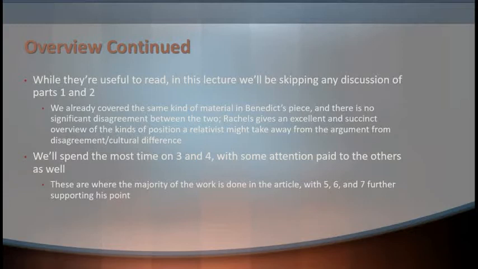Rachels gives us an excellent and succinct overview of the kinds of positions that a relativist might take away from disagreement and cultural difference, and Rachels's summary agrees with the things that Benedict said. So honestly, we just don't need to spend time going back over it. If you need a refresher, go back and watch the previous lecture.